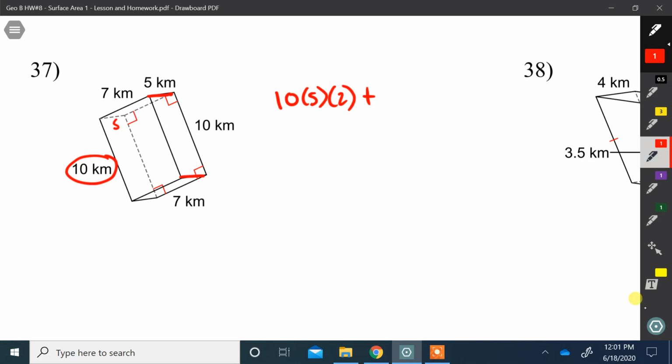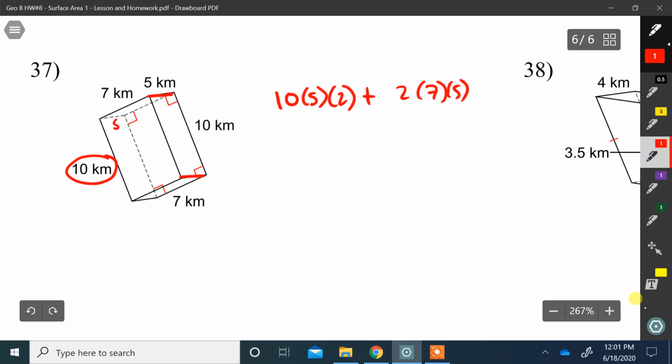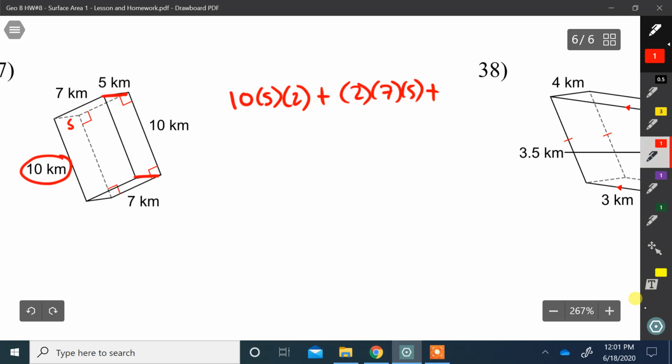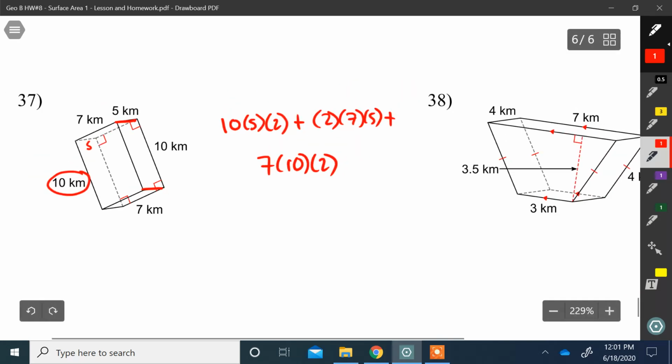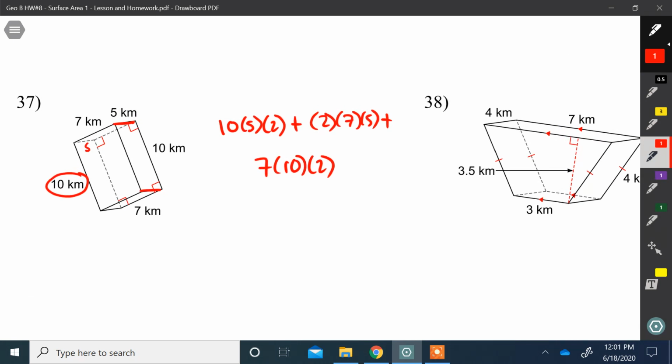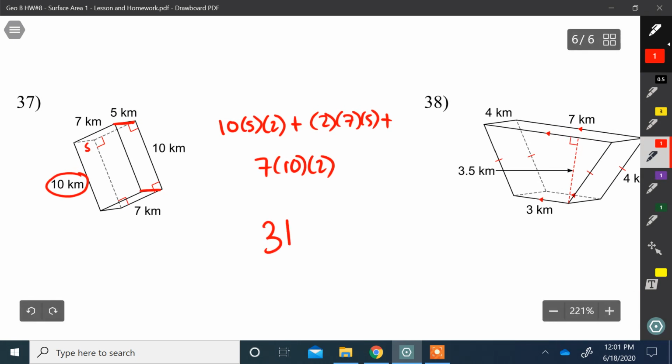That's 7 times 5 times 2 because I have a top and a bottom. And then finally, let's do the front, 7 times 10. When you multiply all that out, you are going to get 310.